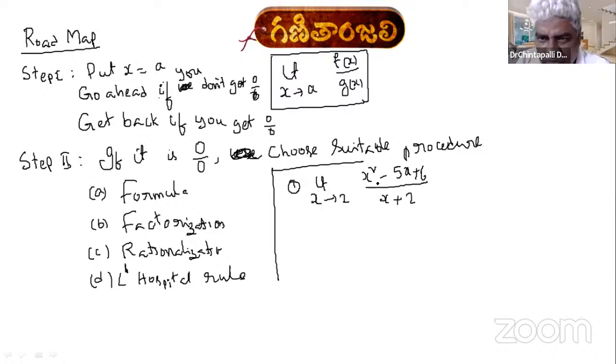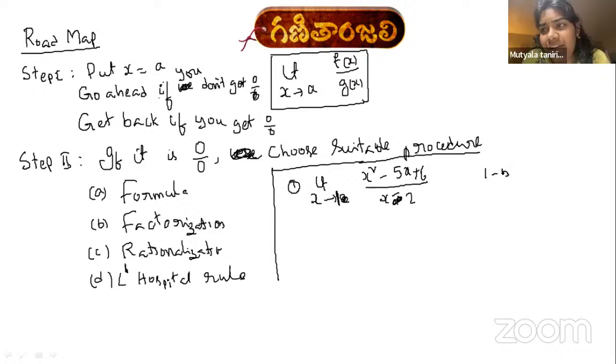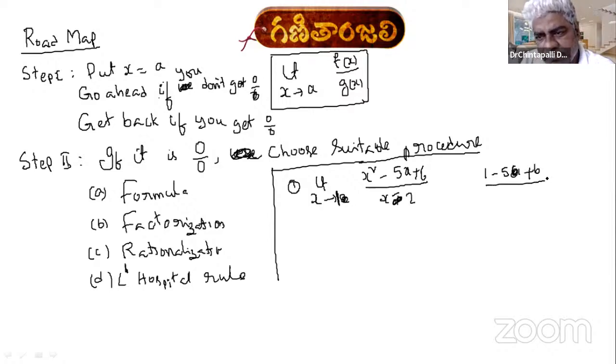What happens if you put x is equal to 2? Square 4 minus... just wait, it is x tends to 1. Then 1 minus 5 plus 6 whole by negative 1, right?